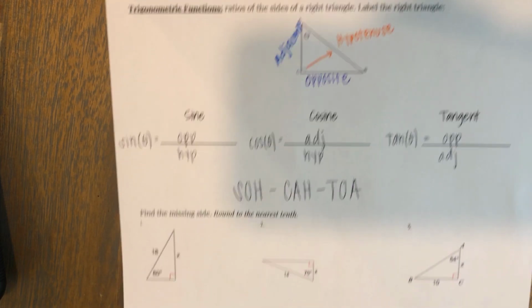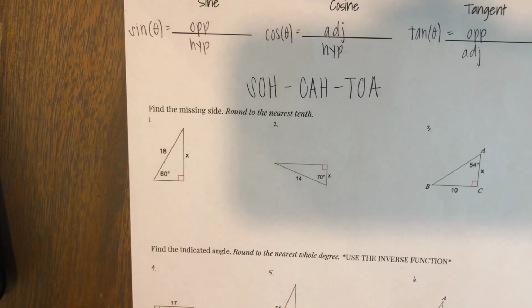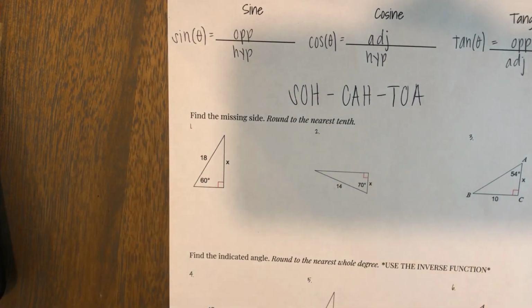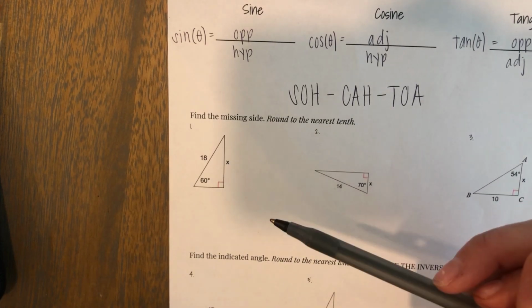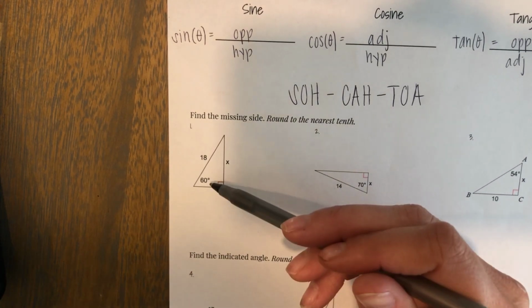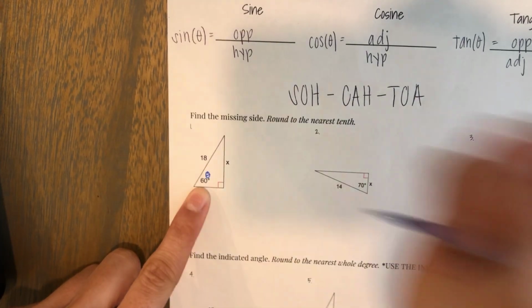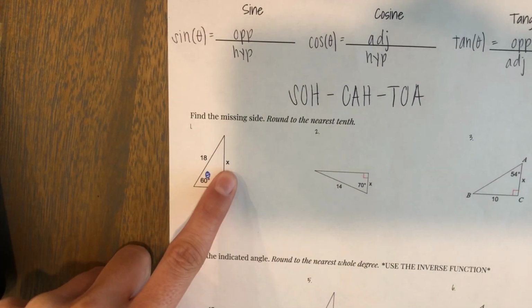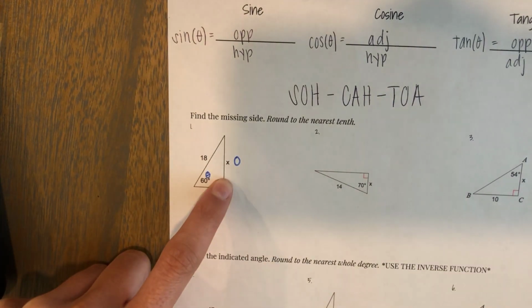So we're just going to quickly go over how to find a missing side and how you find theta. Remember, it doesn't tell you what function to use specifically, so you have to figure that out on your own. So you're given theta. So this is theta. And then this x is away from the theta, so this would be our opposite side.